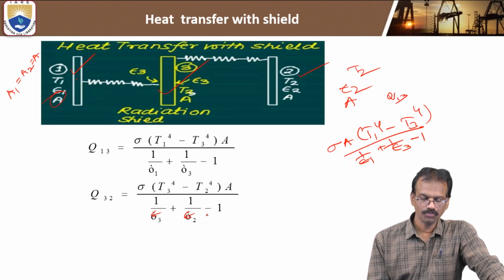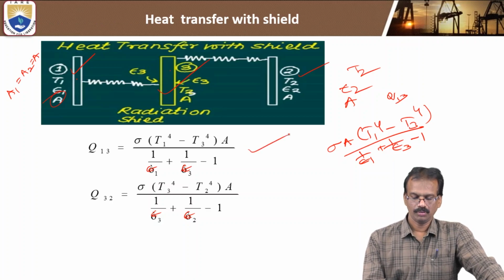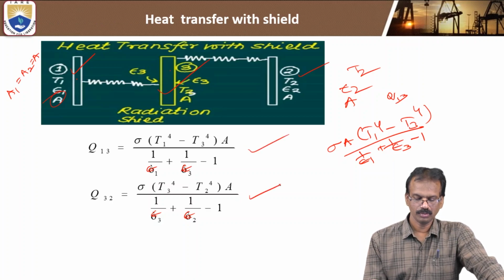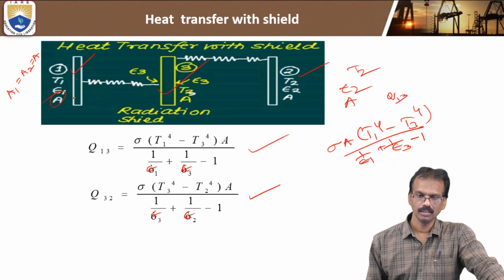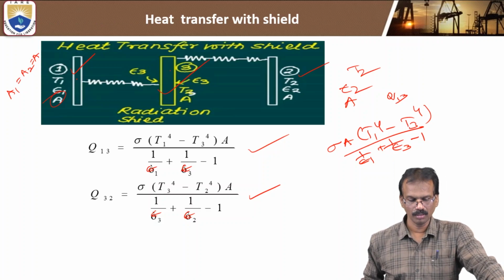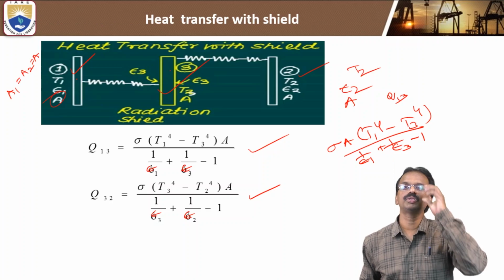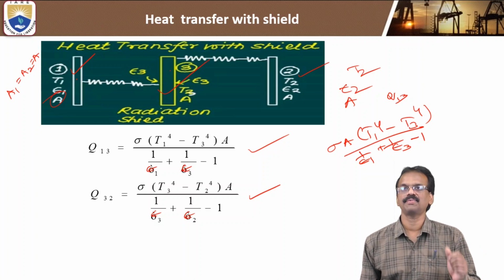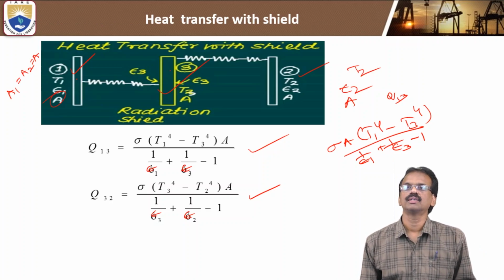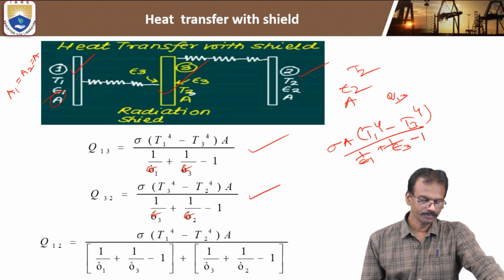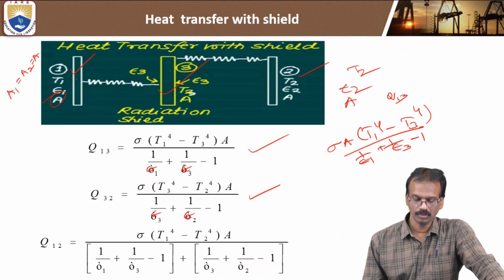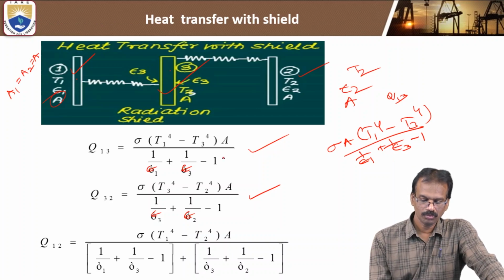This is the formula for Q12, and this is the formula for Q32. It means heat transfer between surfaces 1 and 3, and 3 and 2. For the final heat transfer between surface 1 and surface 2 along with the shield, Q12 equals sigma A into two resistances.